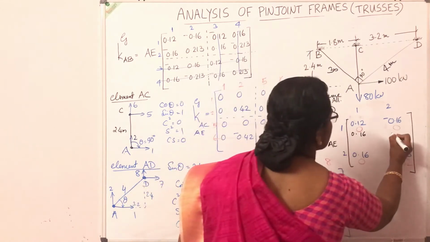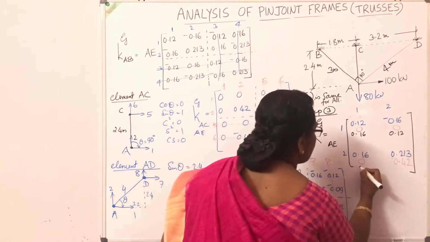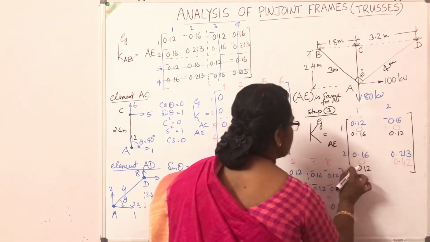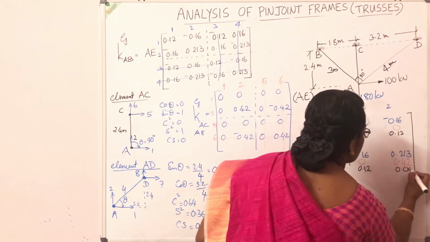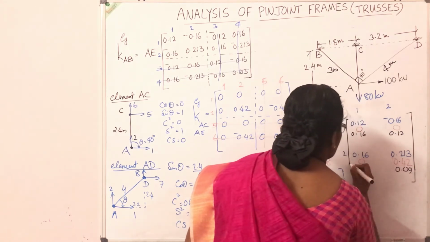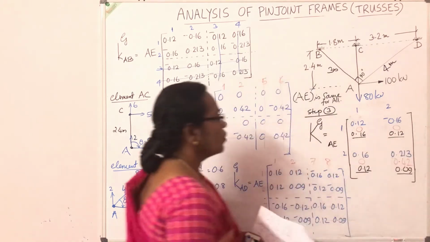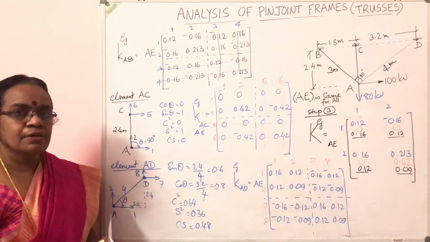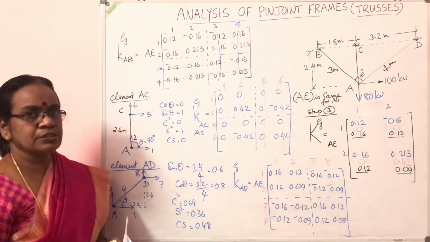To the right of it, 0.12. Below that, 0.12. And next, 0.09. So now we have posted the elements from the 3 elements into the structure stiffness matrix.